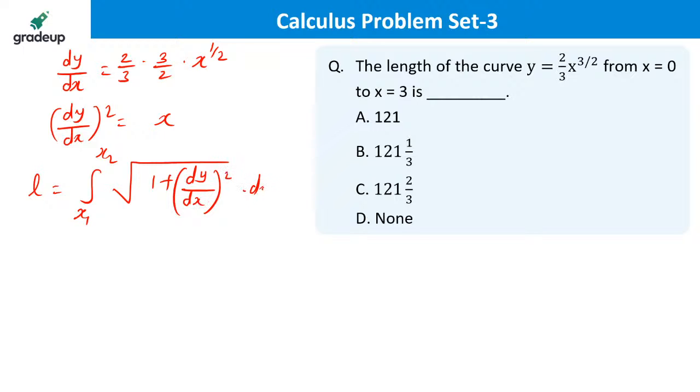We have been given y as a function of x and the limits of x are given. x1 to x2, that is 0 to 3, under root 1 plus dy by dx whole square, that is 1 plus x square dx. And what is the formula that you have to apply here?